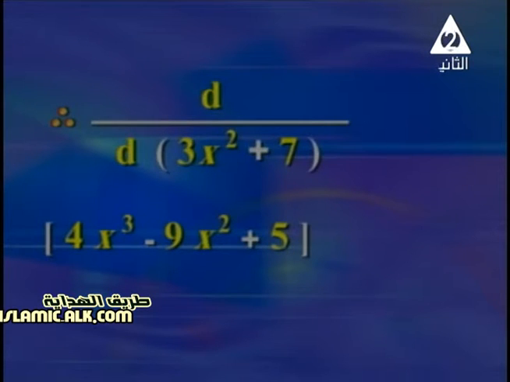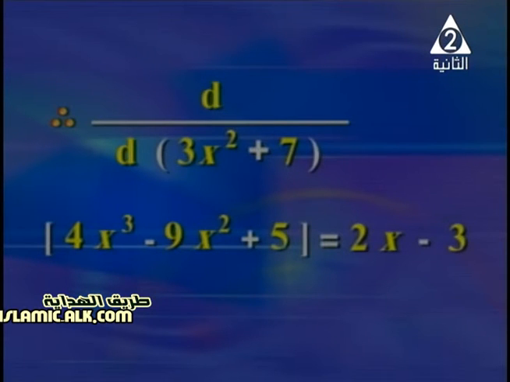After that, the answer is 2x minus 3. Remember, d over dx with respect to 3x squared plus 7 of the function 4x power 3 minus 9x power 2 plus 5. As an example, y or z or any capital letter.